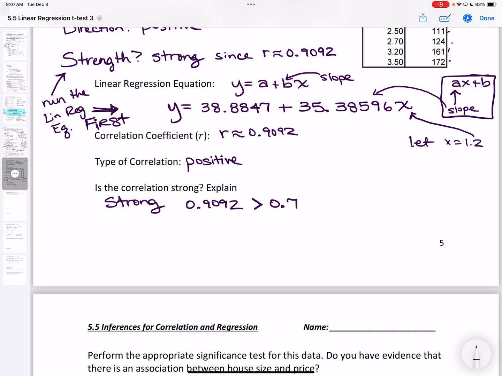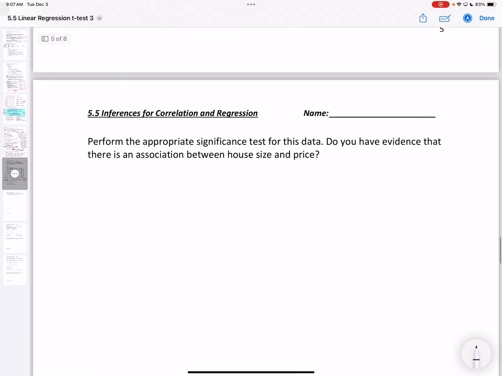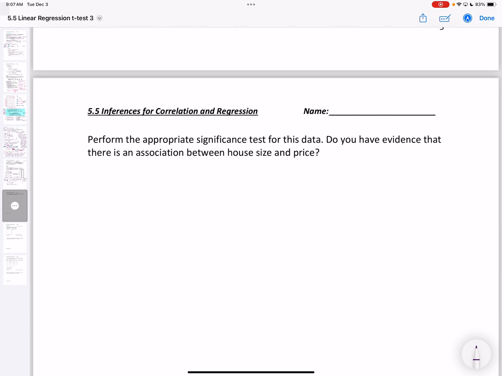Okay? All right, so now it says perform the appropriate significance test for this data. Do you have evidence that there is an association between house size and price? So my null and my alternate. So null is always beta equals 0, which means there is no association, right?